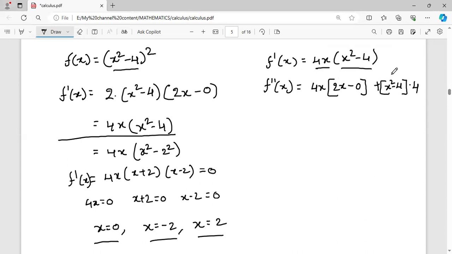Now from these two, the common term is 4.